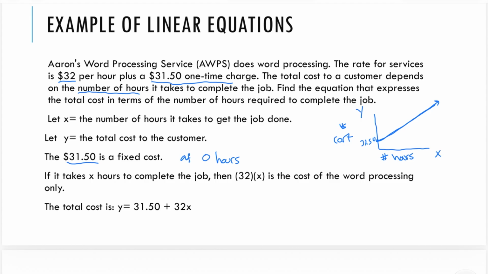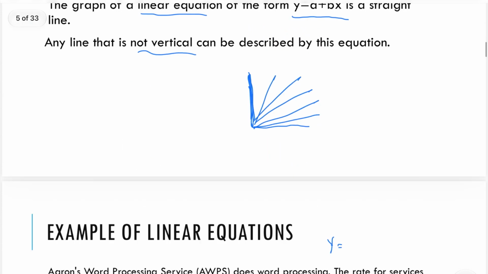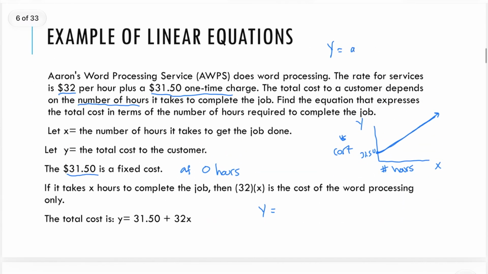So if we talk about how we express this in an equation, it is y equals, and again, sometimes there are different variables used for this. We'll keep it consistent. A is the intercept, so that's your fixed cost, 31.50, plus B is the slope, how it goes up.